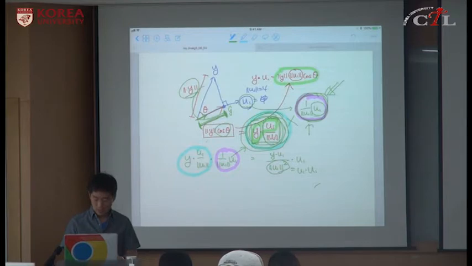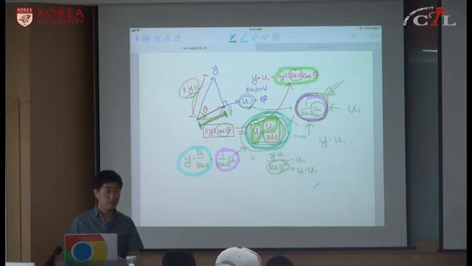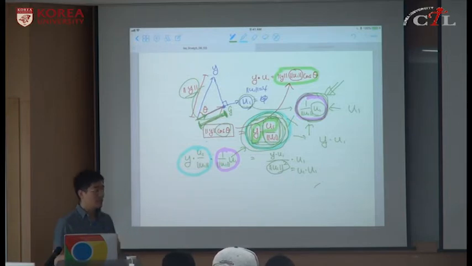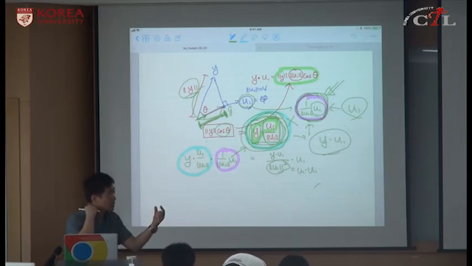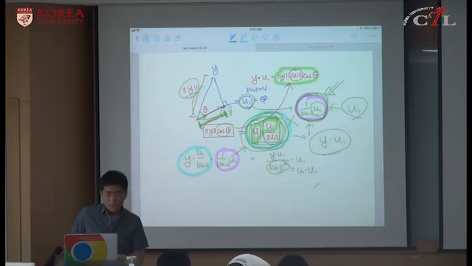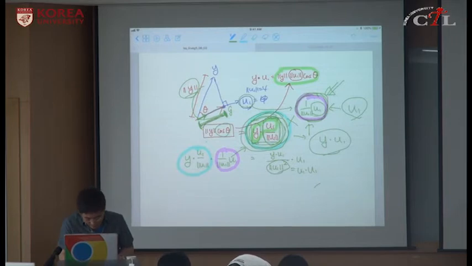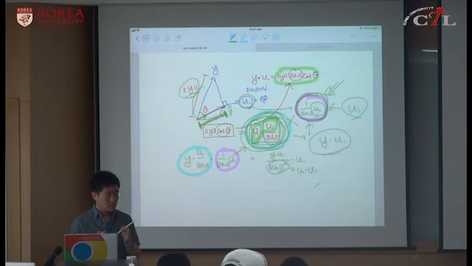This will be just u1, which is our direction component, and the length component is just computed as y dot u1, because u1 already has unit length. So this is our length component, and this is our direction component that already has length 1. You can understand this orthogonal projection formula in this manner.